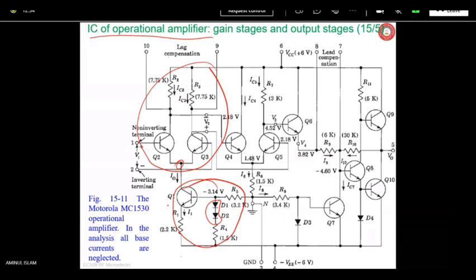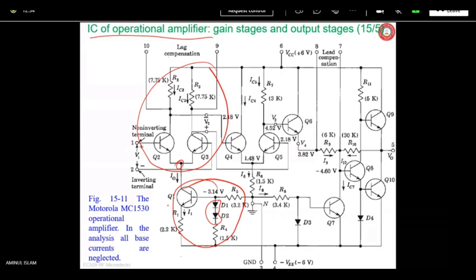Now, since I6 equals IC4 plus IC5. See, IC4 is this one, IC5 is this one, flowing through the collectors of Q4 and Q5. So you can write 2 IC5, because both are the same. We are assuming that Q4 and Q5 are identical transistors, and at the base also the same amount of voltage is there, that is 2.18 volt, 2.19 volt.